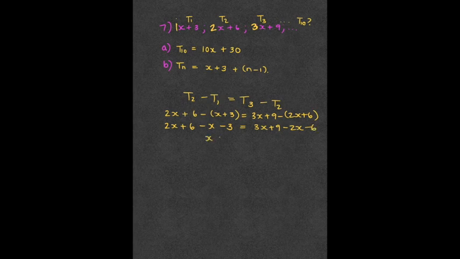So x plus 3 is equal to x plus 3. Amazing. I love this. So our constant difference then is x plus 3. And you can stop there. That can be your final answer.